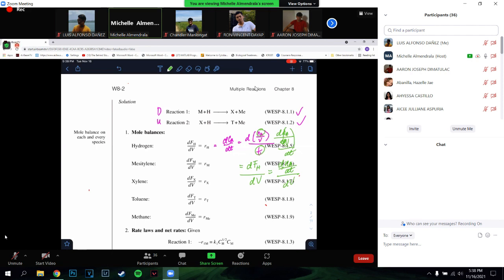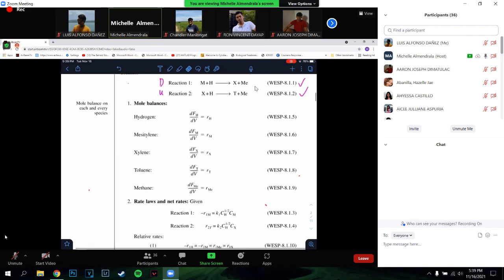So you can define your rate in terms of the derivative of the flow rate with respect to volume. Follow, class? Okay, so you can see how you define your rate expression in terms of the flow rate. Okay. And so same for all the components.